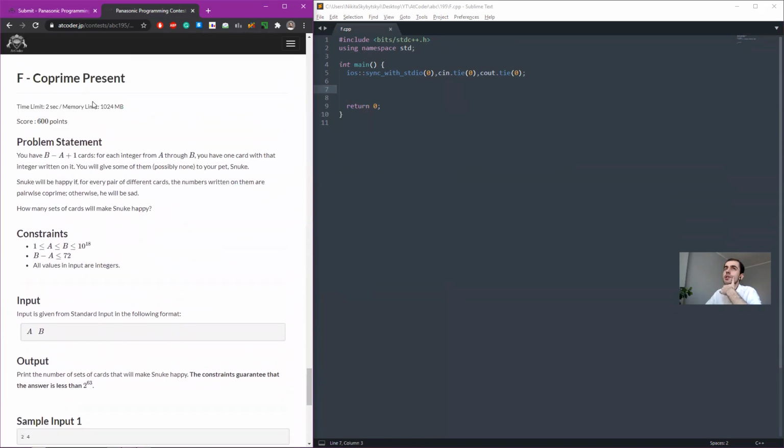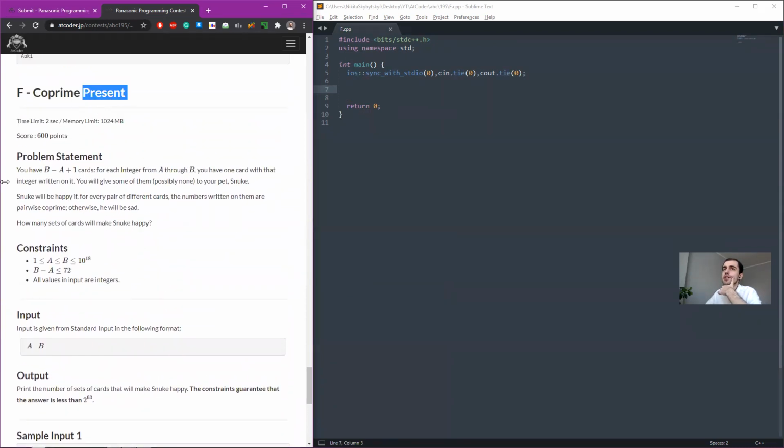Problem F, coprime present. We have b minus a plus 1 cards. For each integer from a through b, we have one card with that integer on it, inclusive because plus 1. You will give some of them, possibly none, to your pets, whatever.